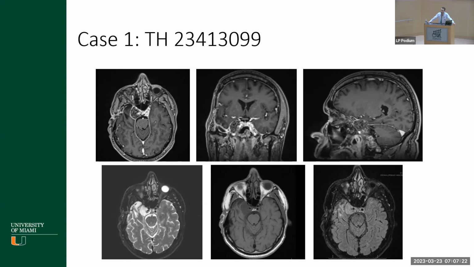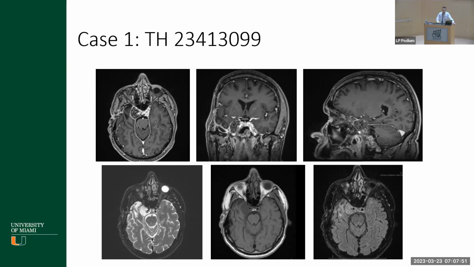I would also consider a primary bone lesion, like chondrosarcoma or chordoma. Good. It's not restricted. I don't have a diffusion here. So I would say those three.